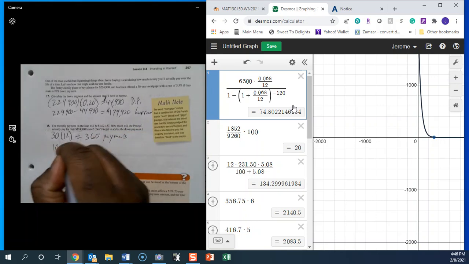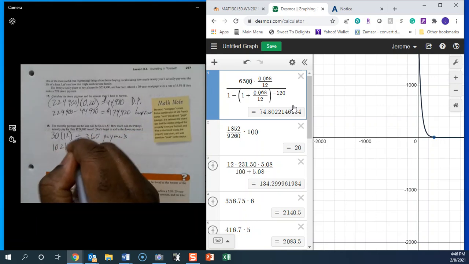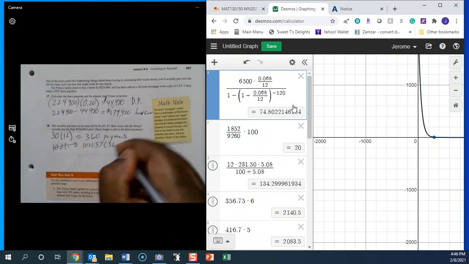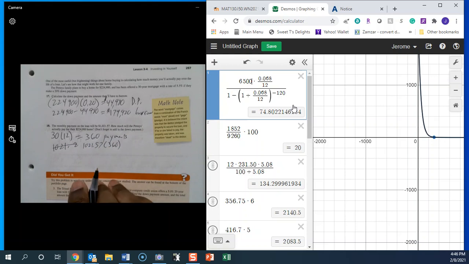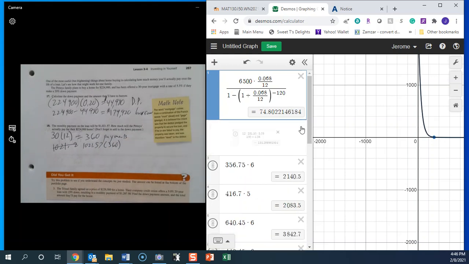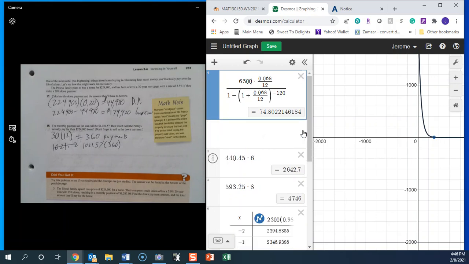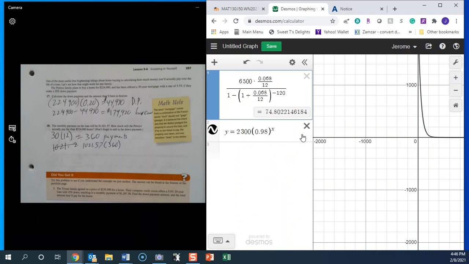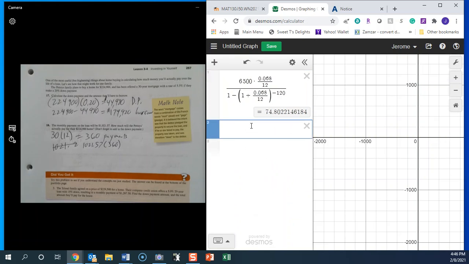Now they're told their monthly payment is $1,021.57. They have to multiply by 360 payments. So let me put this in here. So I really didn't need all of this. Okay. All right. So we have $1,021.57 times 360.